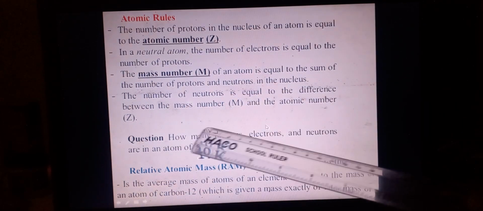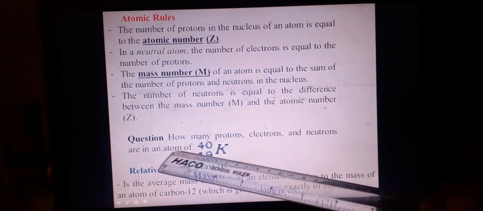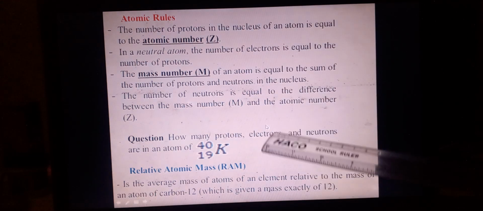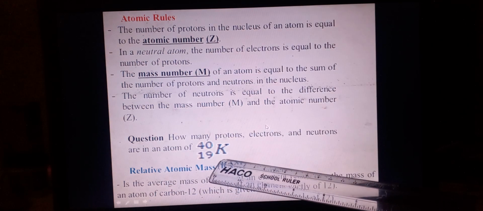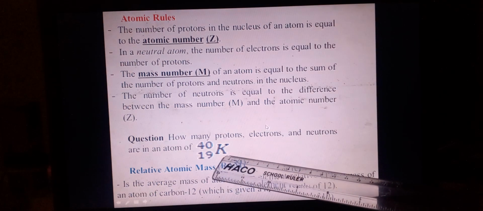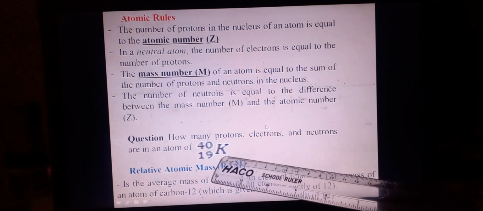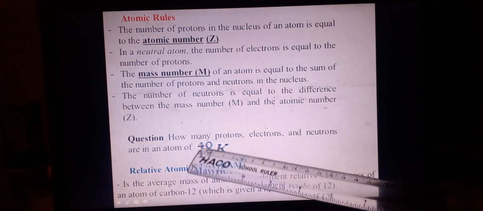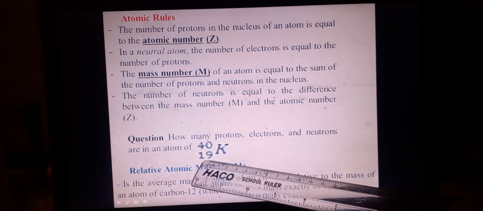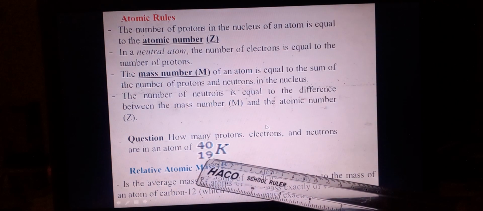So now we have a question here. It asks how many protons, electrons, and neutrons are in an atom of, this one is potassium. So potassium is normally given letter K. So 40 represents the mass number. Then 19 represents the atomic number.